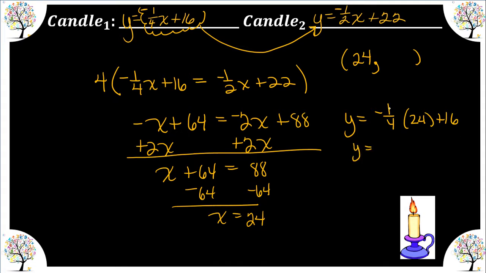That means my numerator is 1. That simply means I can divide my denominator into my integer here. So 4 into 24 is 6, and it's negative, and then plus 16. So my total height is going to be 10 centimeters. So this is 24 hours, and this is height, centimeters.